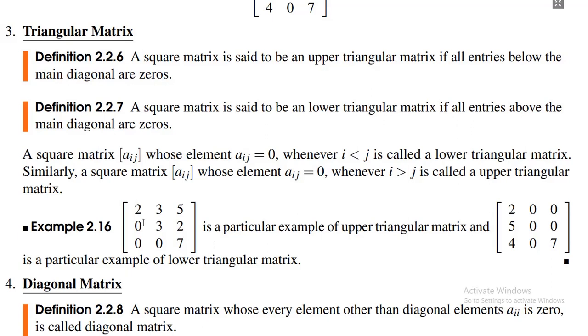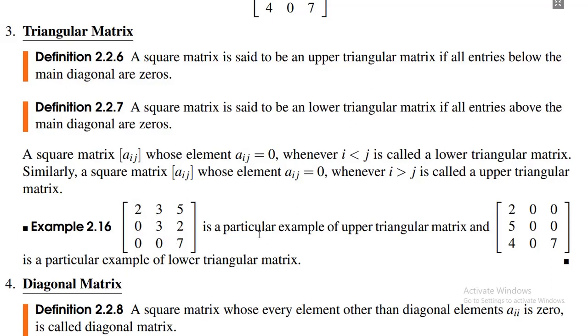For example, take the matrix 2, 3, 5, 0, 3, 2, 0, 0, 7. If you observe, the main diagonal entries of this matrix are 2, 3, 7. Below the main diagonal entries, all entries are 0.